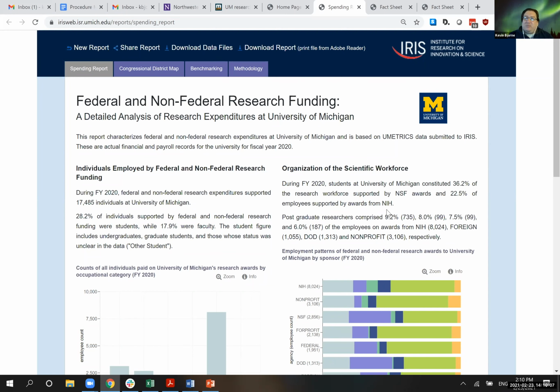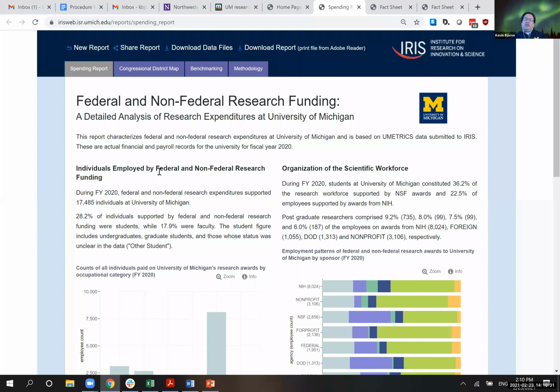We call this the spending report. Another way to think of it is sort of a comprehensive impact report on the purchasing of products and services that go into scientific research, as well as an overview of the people who participate in that research.